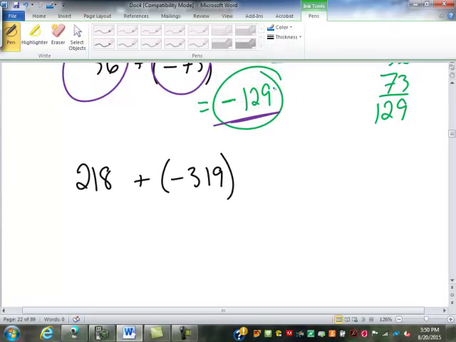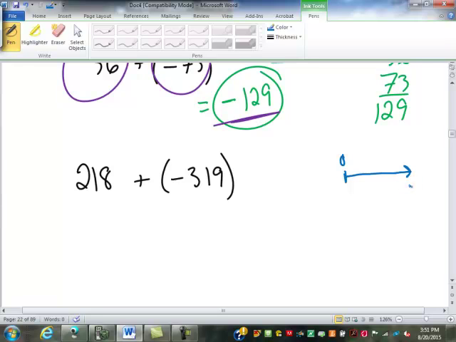How about this one? Try that one on your own. Tell me what you get. From 0, we got 218 is positive.